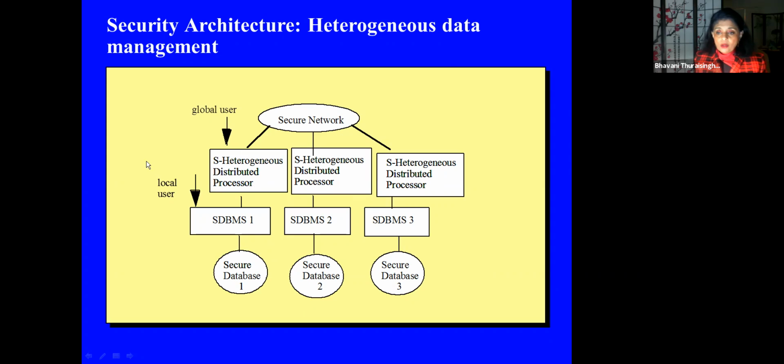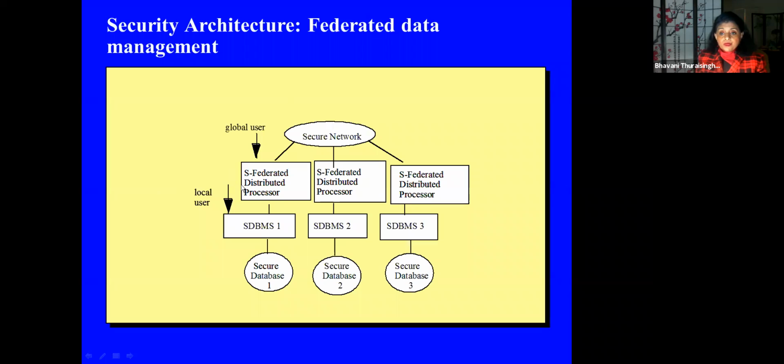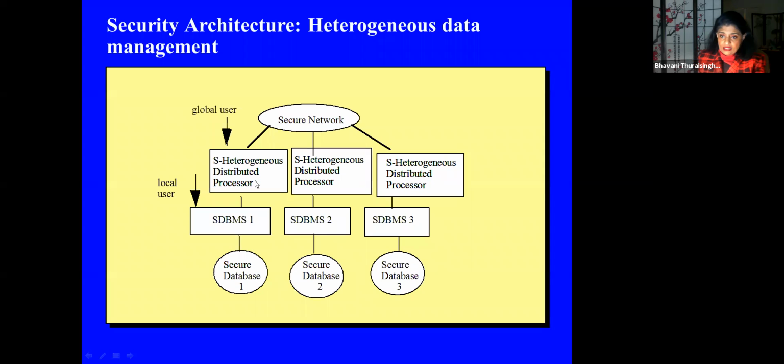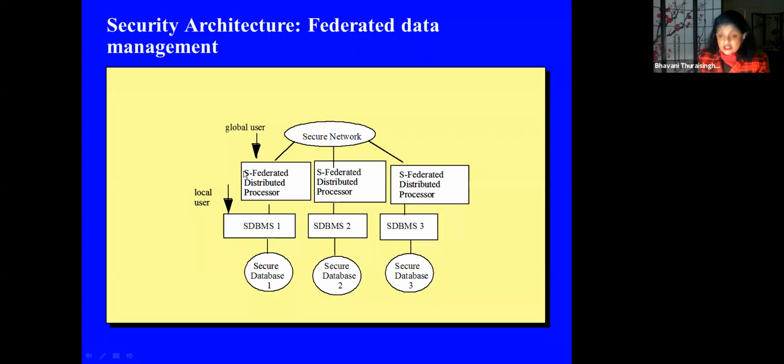They handle all aspects of heterogeneity, and they are connected through a secure network. Now similarly for federated, we have secure database systems 1, 2, and 3. Instead of a secure distributed processor, we have a secure federated processor, which, in addition to handling all of these functions, also has to handle federations.